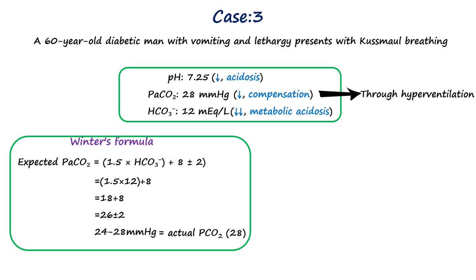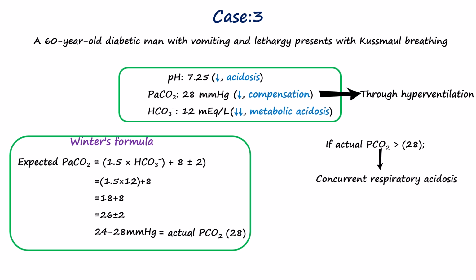If somehow the PaCO2 was more than 28 mmHg, for example around 30 mmHg, it would be higher than the expected compensatory range of 24 to 28 mmHg that we calculated. This would mean two things. The first thing is incomplete compensation, where the lungs are not compensating enough.